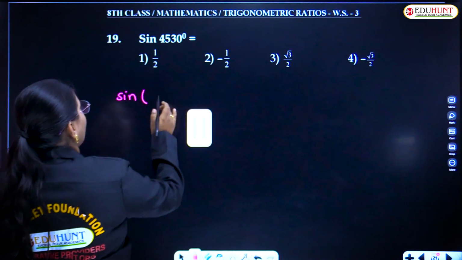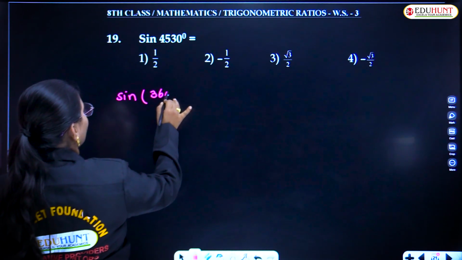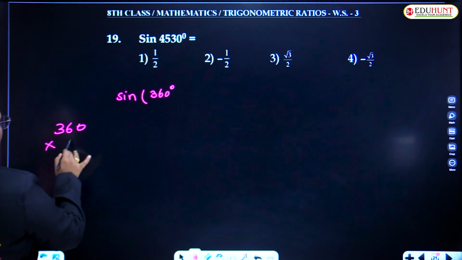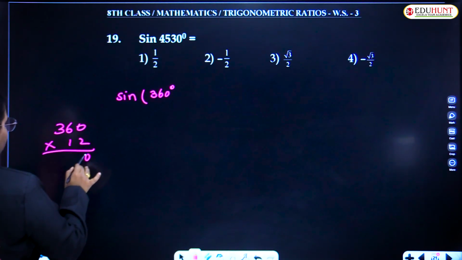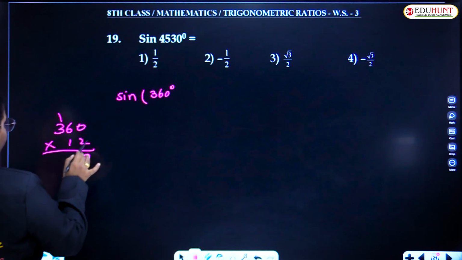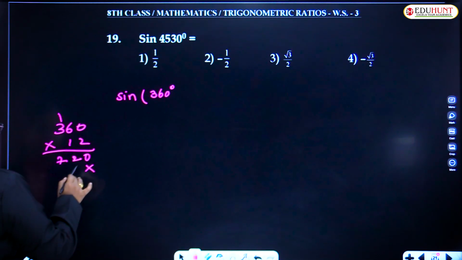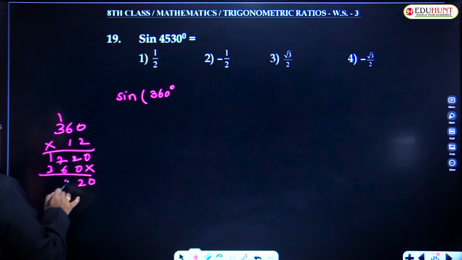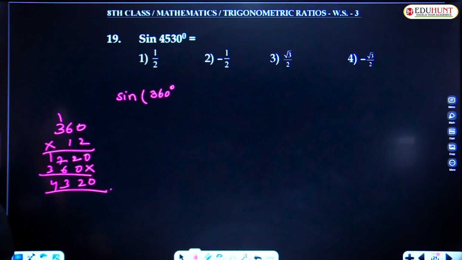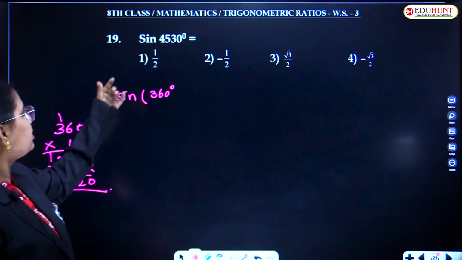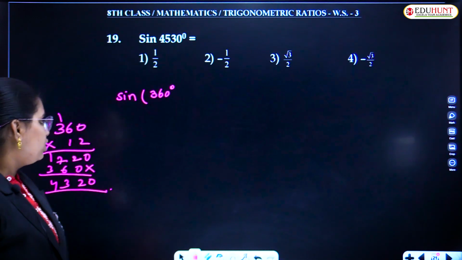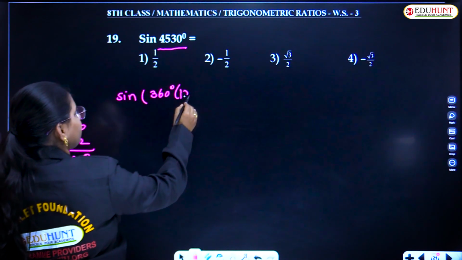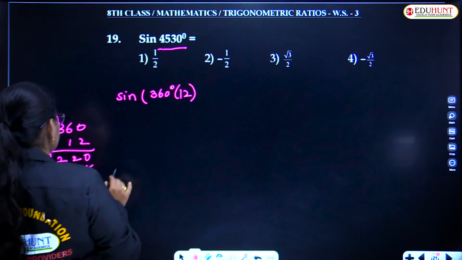So I will write this as 360 into 12. 6 twos are 12, and 6 sevens are 42, this is 4320. But actually here it is 4530, right? So how am I expressing this 4530 as 360 degree into 12? You need to subtract this.